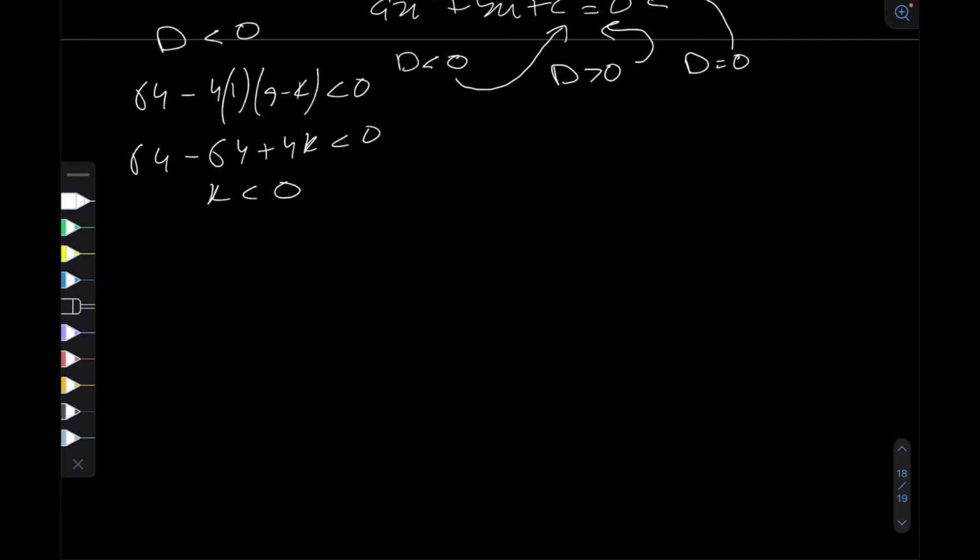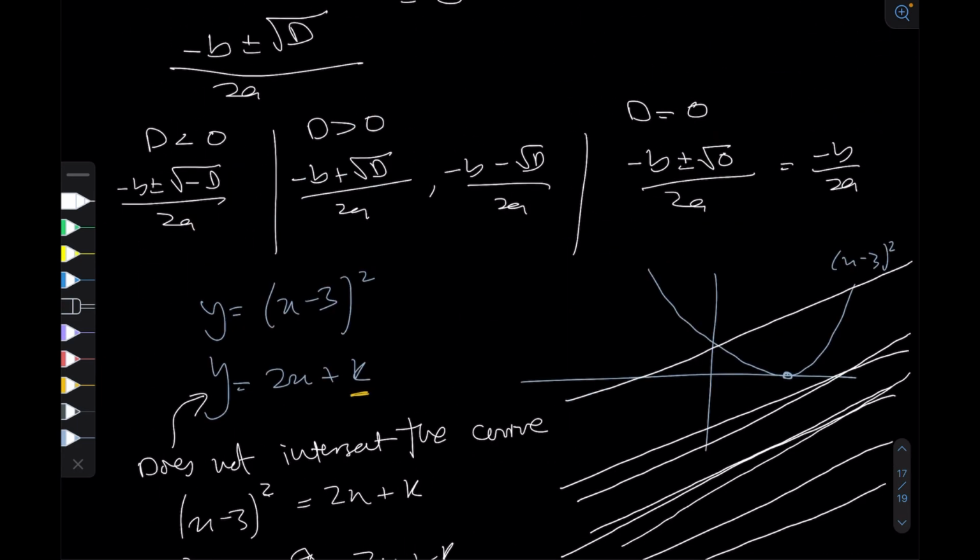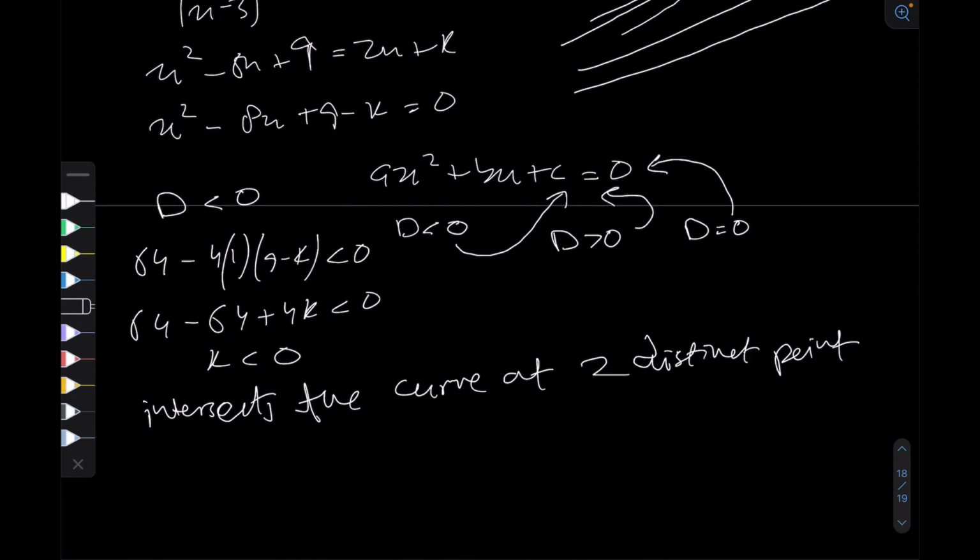Let's take another case. Let's say find the values of k for which it intersects the curve at two distinct points, right? So anything like this, these are my two distinct points. But it must not just touch the curve, it must not just intersect at one point. So this is the case of d being positive.